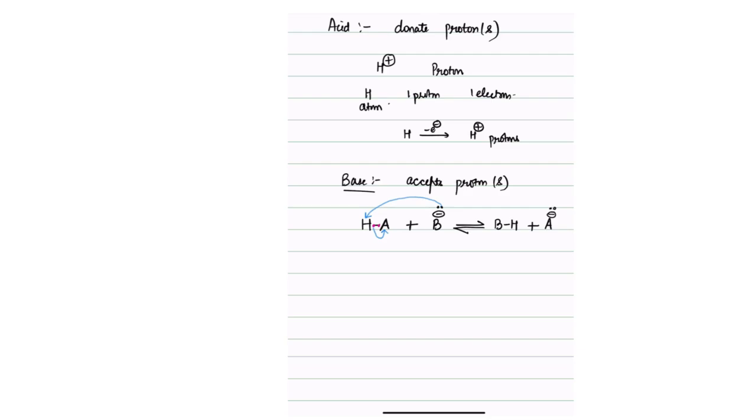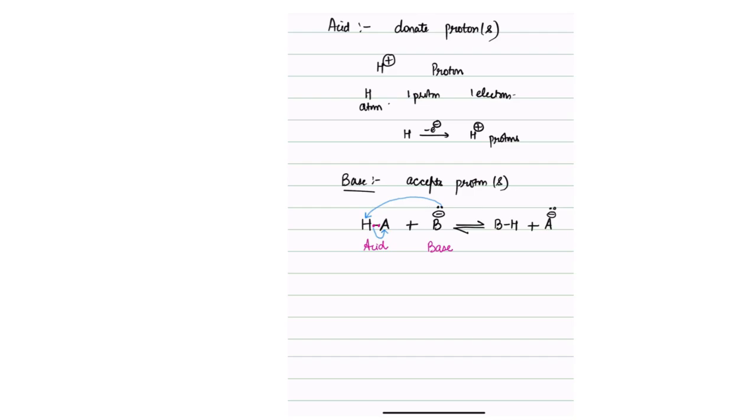Now let's see who is acid and who is base. HA is giving its proton to B, so obviously HA is acting as an acid. B negative is accepting the proton, so it is acting as a base. This is called an acid-base reaction.